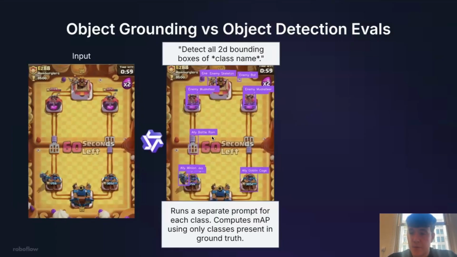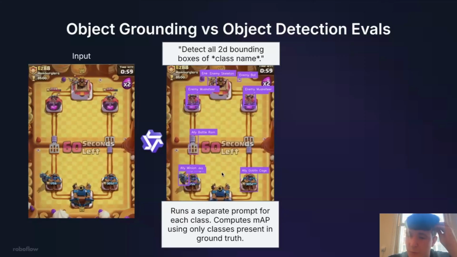And so for each image, it is going to run n inference requests, where n is the number of classes in your data set. And then it's going to combine all of those predictions, as you can see in this image. And that's your final predictions, which is not how object detection is originally done.